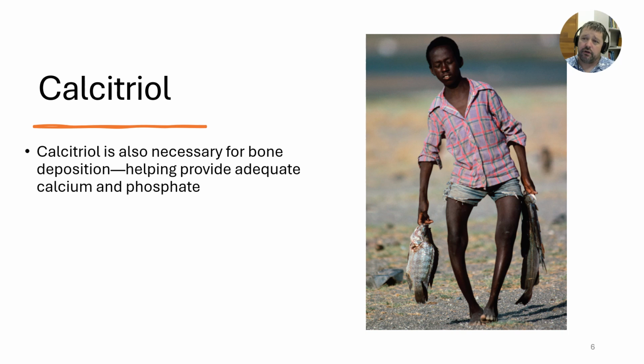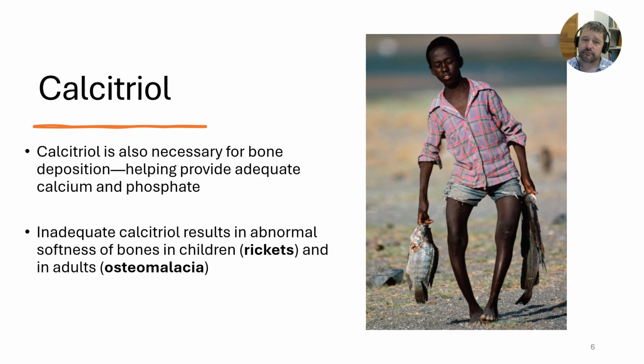Okay, so when you have issues with calcitriol, what happens is you don't have enough calcium and phosphate that's coating those collagen fibers. So you're not getting the inorganic material that's building bone. Okay? You might have the organic material just fine, but the inorganic material is missing or limited, which causes the bones to be soft. Okay?